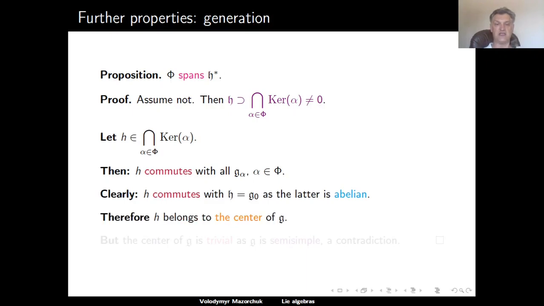So our H is an element of the center of our Lie algebra. But the center of our Lie algebra is trivial because our Lie algebra is semi-simple, so this leads us to a contradiction. Therefore, the element H must be zero, which means that the intersection of all kernels must be zero, which means that phi spans the dual to the Cartan subalgebra.